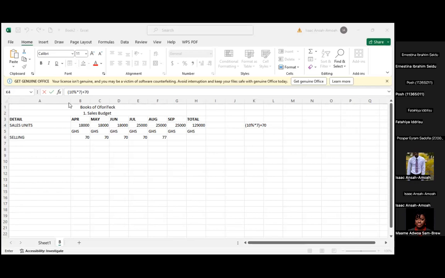Okay, so 10% multiplied by 70 cedis plus 70 cedis, right? That would also give us 77 cedis.